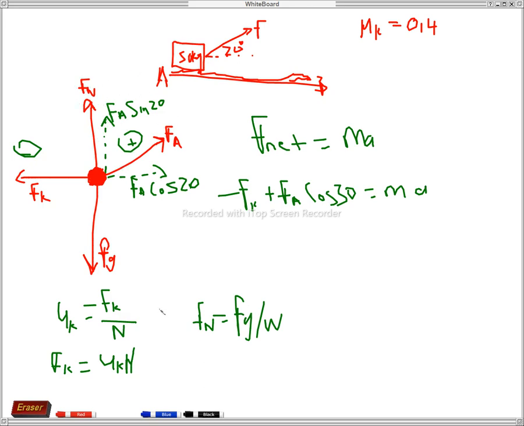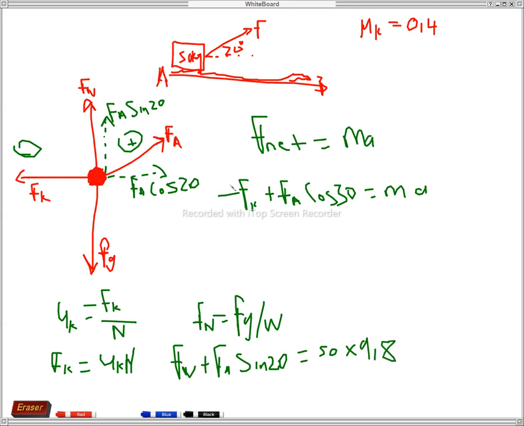So our formula in this case is going to be Fn plus Fa sine of 20 is equal to Fg, which is just 50 multiplied by 9.8.